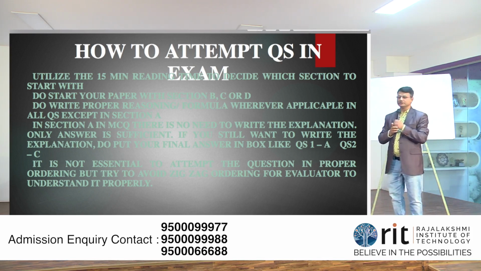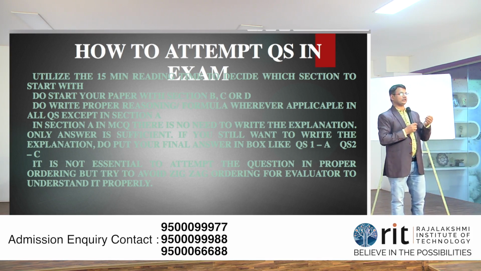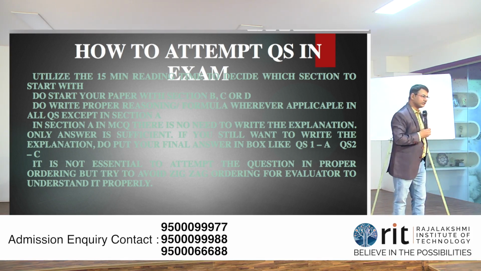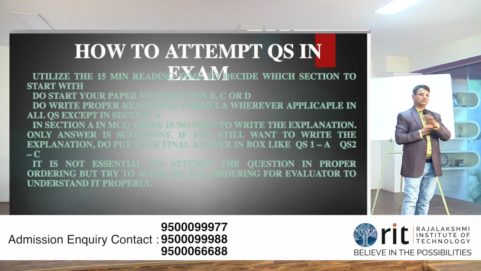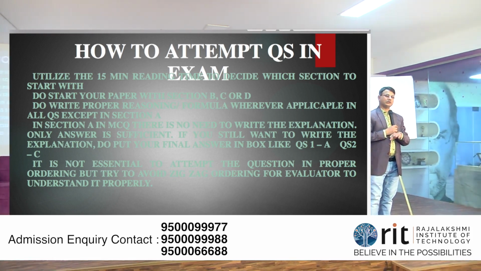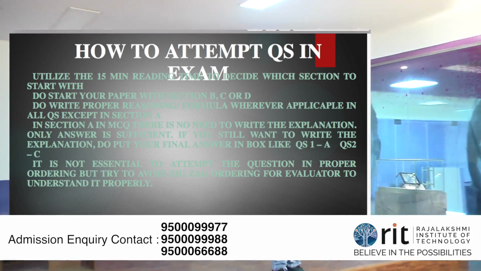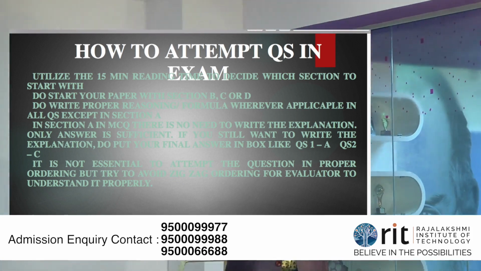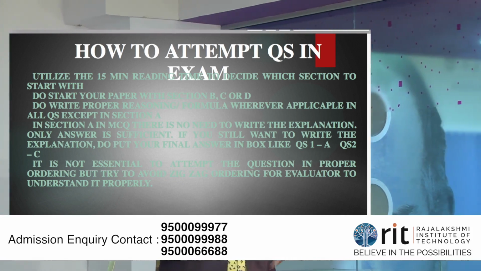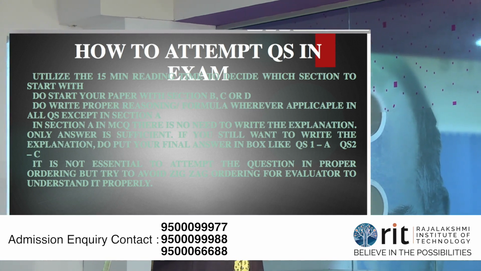Now, a very important question many students ask: is it important to attempt the questions in serial order? No. You can attempt the questions in any order. Question number 20, then 17, then 13, then 12, in zigzag order, but don't jump the section.